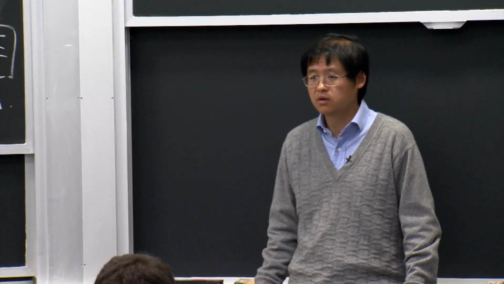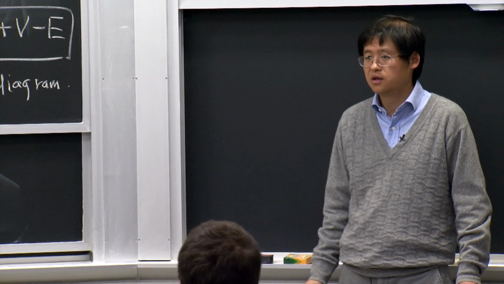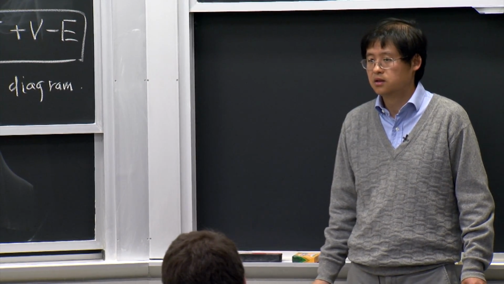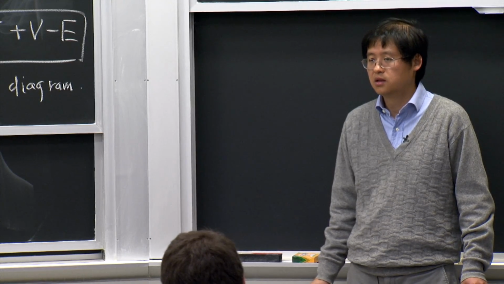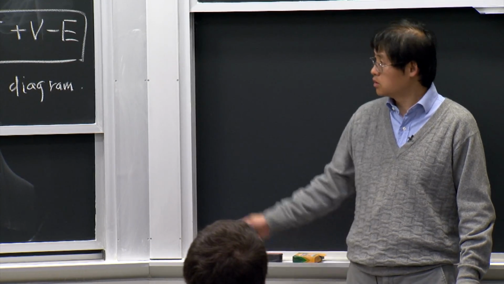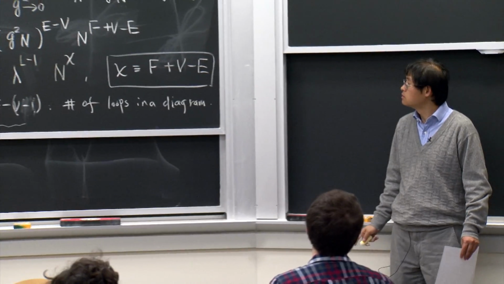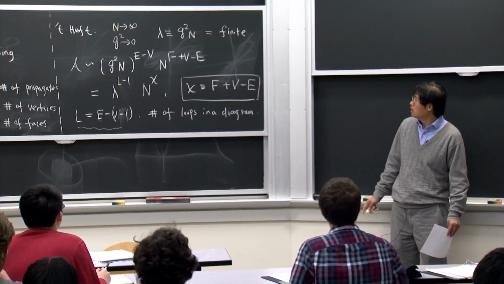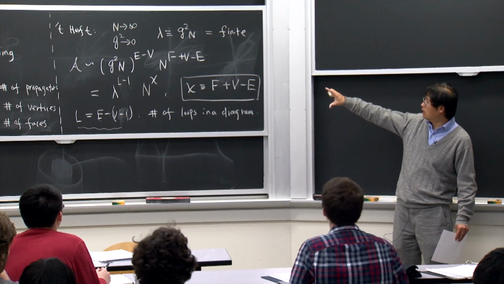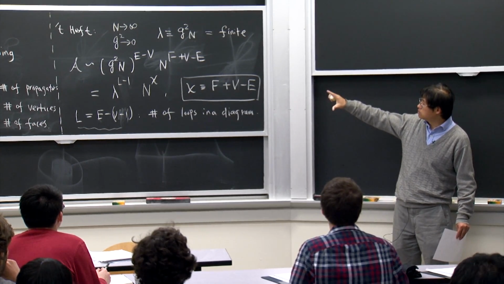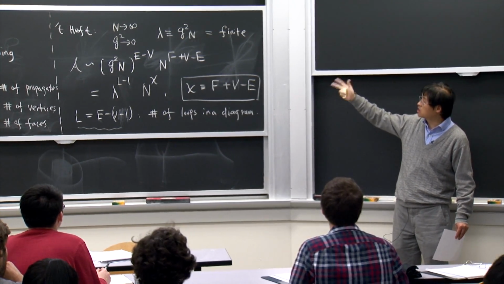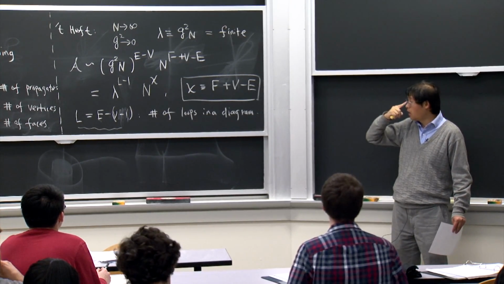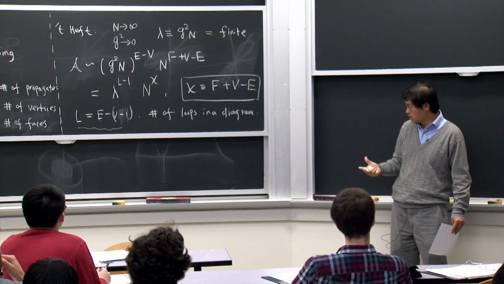So the reason that we can't take the n to infinity limit without taking g to 0, is that why we can't apply this to QCD? No, in QCD we apply this. But in QCD, g is not small. It doesn't matter. This is an expansion scheme, and you can apply it to QCD.